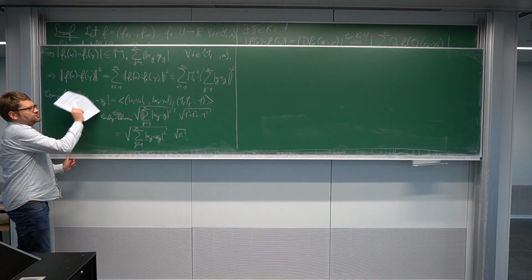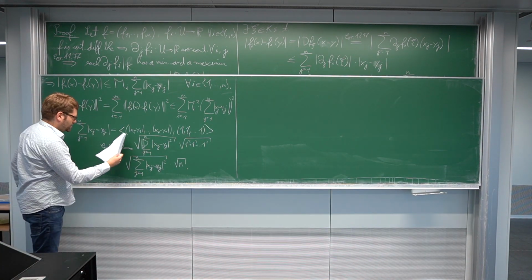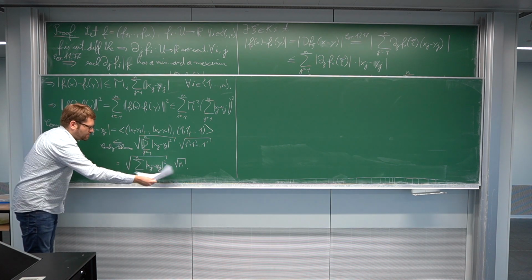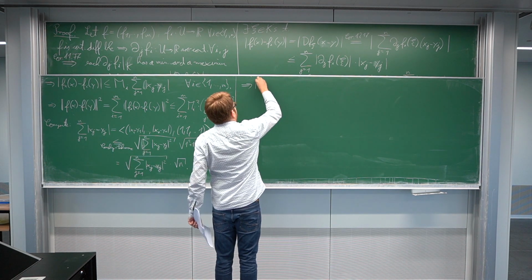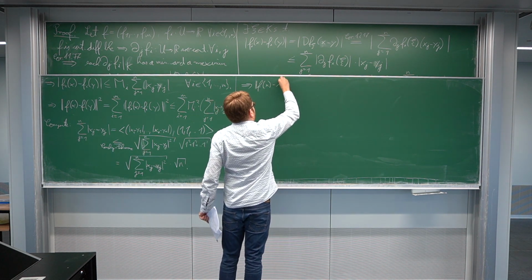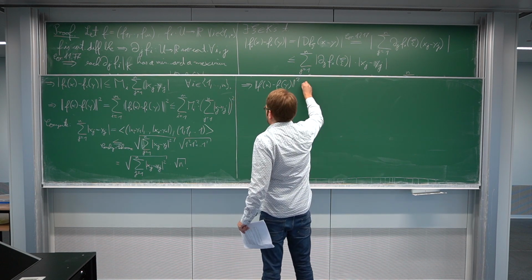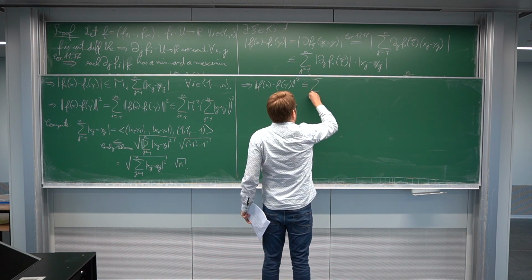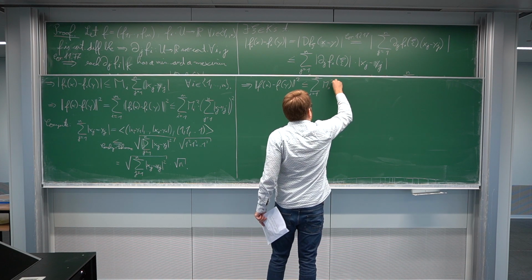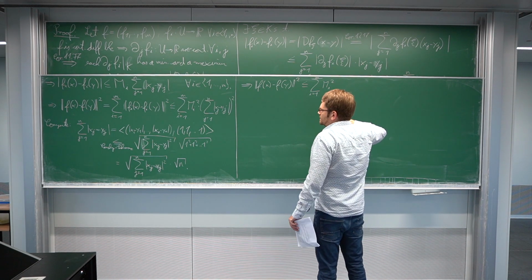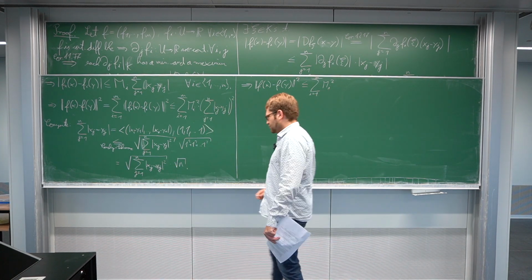So if we take the square of the sum and insert this, estimating from above, we obtain, from the start, that f of x minus f of y in the norm squared is smaller than or equal to the sum from i equals 1 to m of mi squared times the square of this, which is just removing the roots.